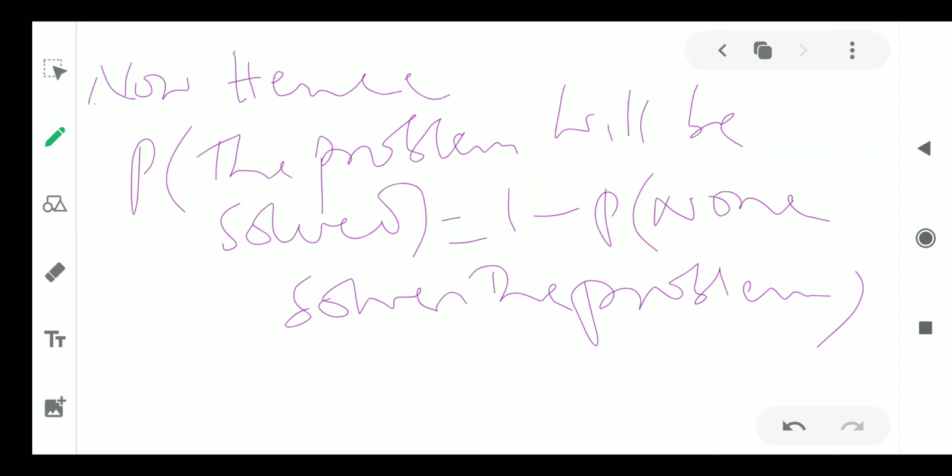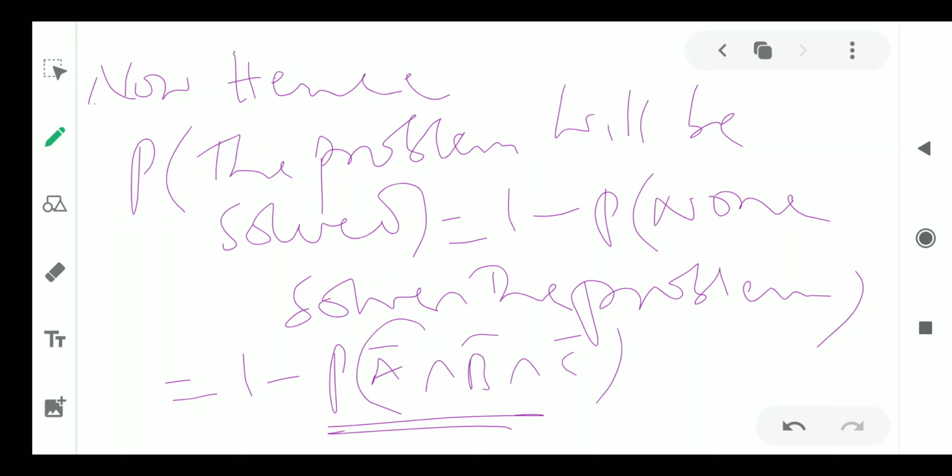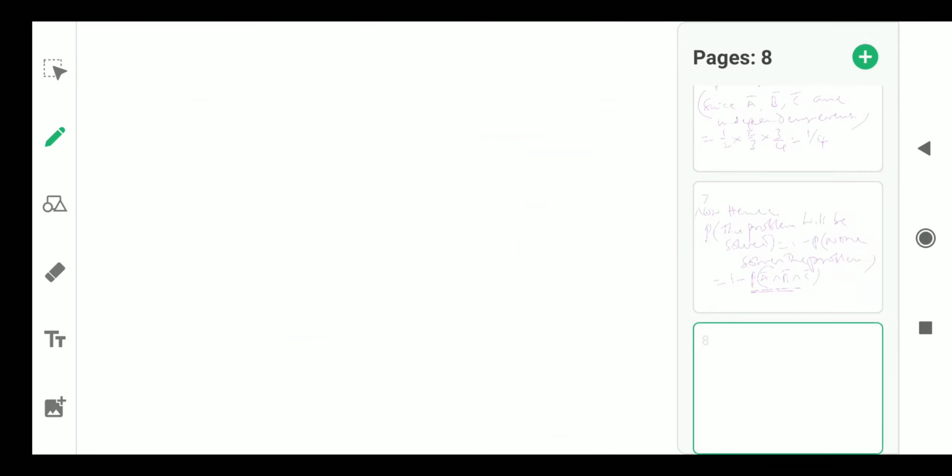So what is that? 1 minus P of A bar, B bar and C bar, the probability of not solving by all. None solves the problem, all three cannot solve, has probability 1 by 4.